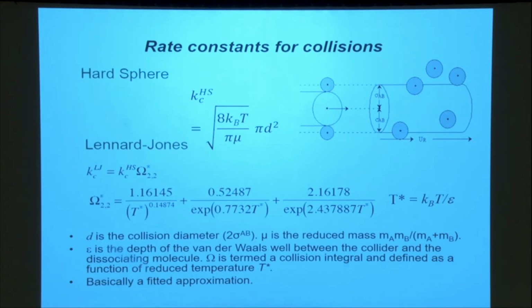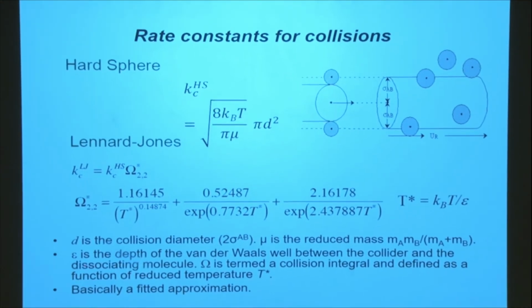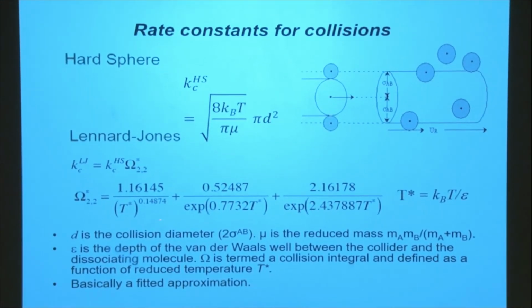So our rate constants for collisions, this is the hard sphere formulation, which I think I did show earlier. And then we might have a correction for van der Waals forces, for example, through the Lennard-Jones potential. So we're going to have some additional parameters related to Lennard-Jones formulations that are going into our master equation model.